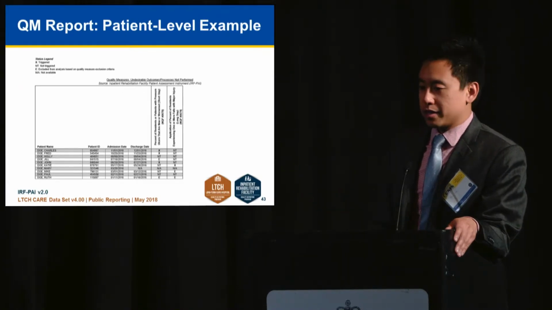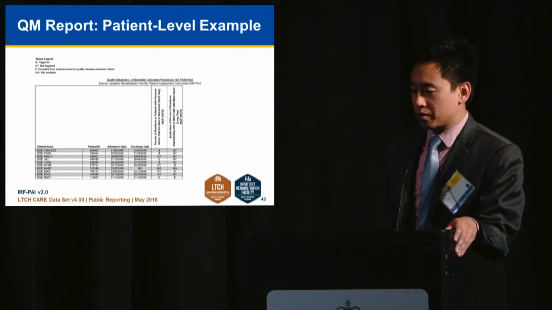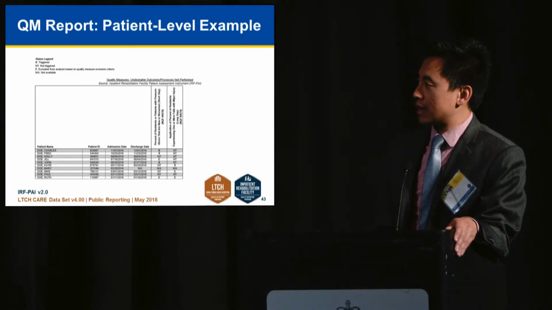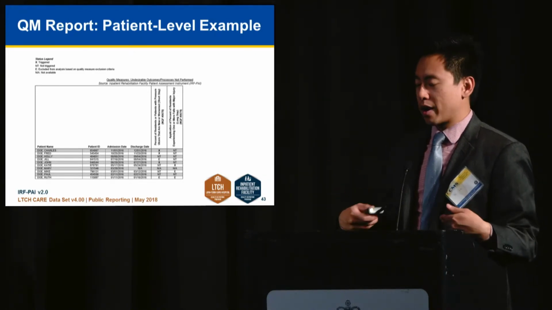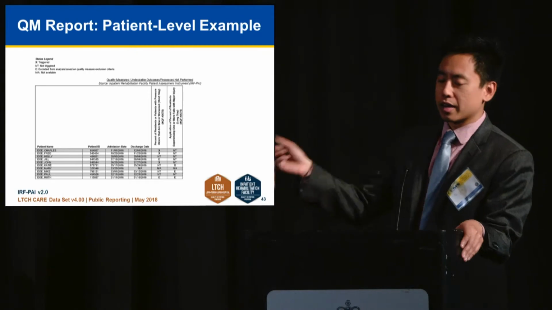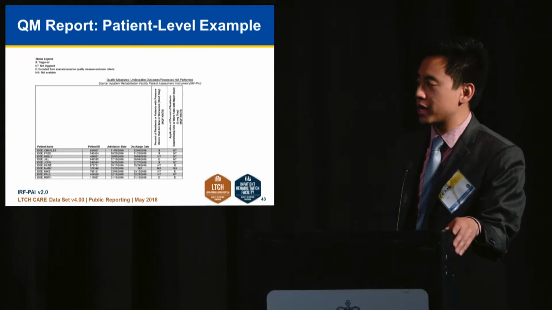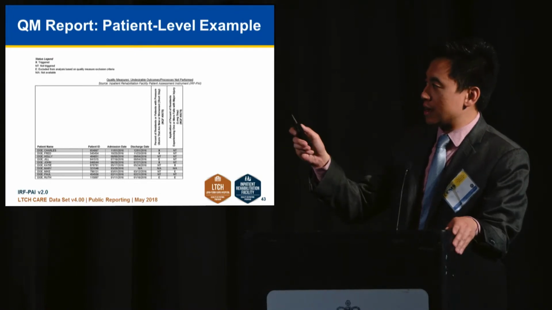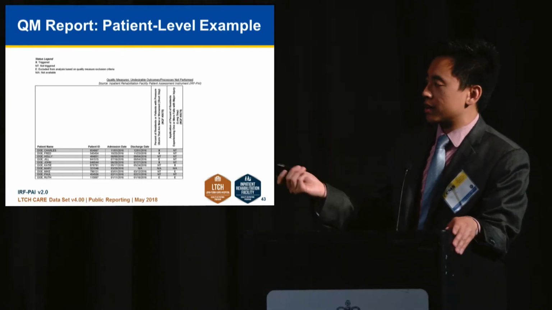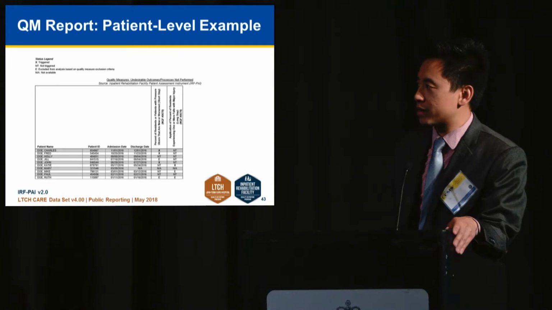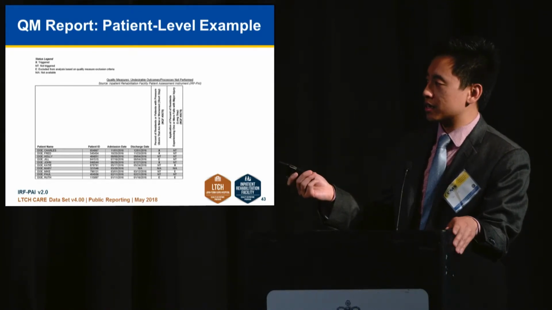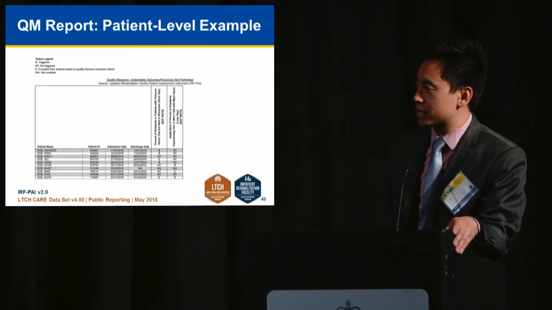And then here's the example of the patient level report. So when you request the facility level QM reports, you also get the patient level QM report to tag along. So you'll see the status legend on top, whether the quality measure was triggered, not triggered, whether the stay was excluded from the measure, or if the data is not available.